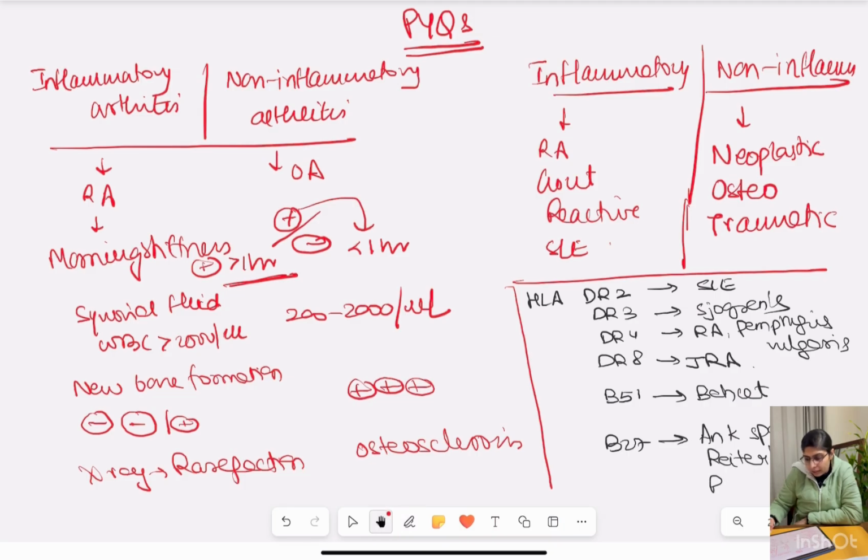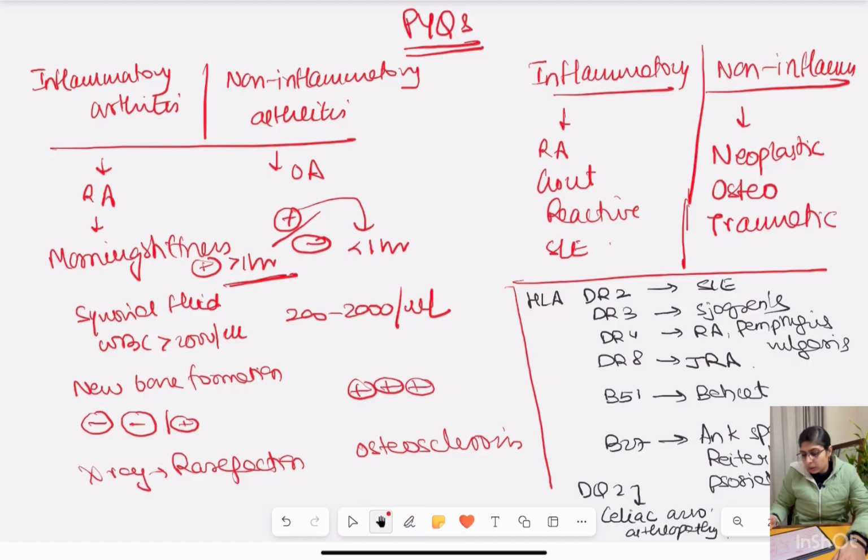Psoriatic arthritis, reactive arthritis, ankylosing spondylitis, all are associated with HLA B27. And then one important one, DQ2, celiac associated arthropathy.